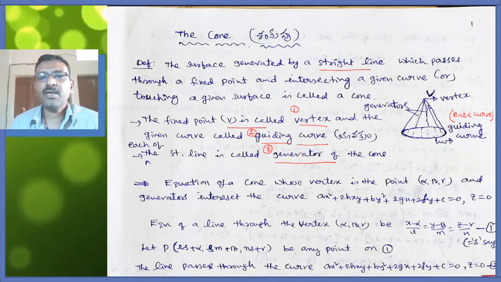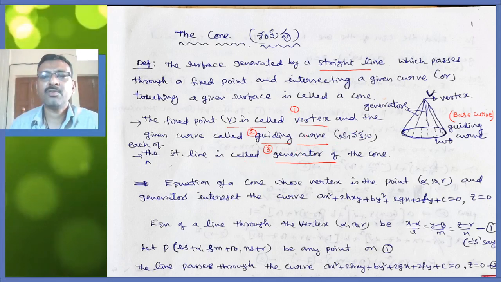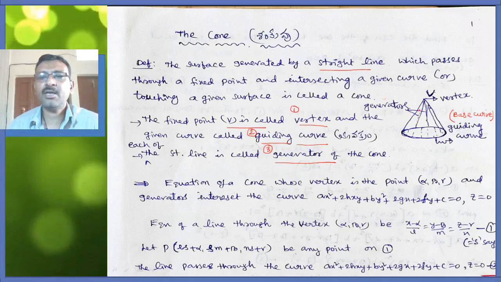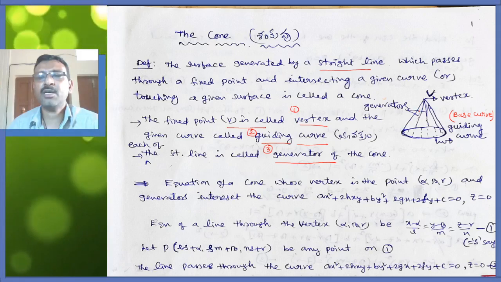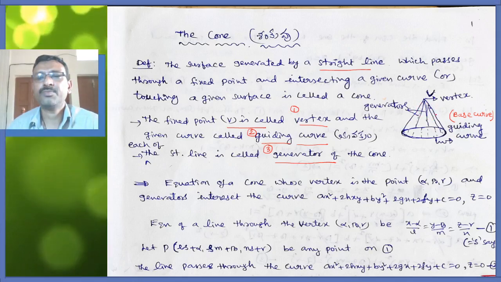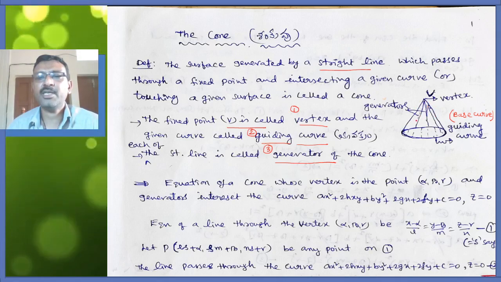The straight lines are called generators. We can assume that these generators are arranged around the surface of the cone, or the cone is generated by these generators.